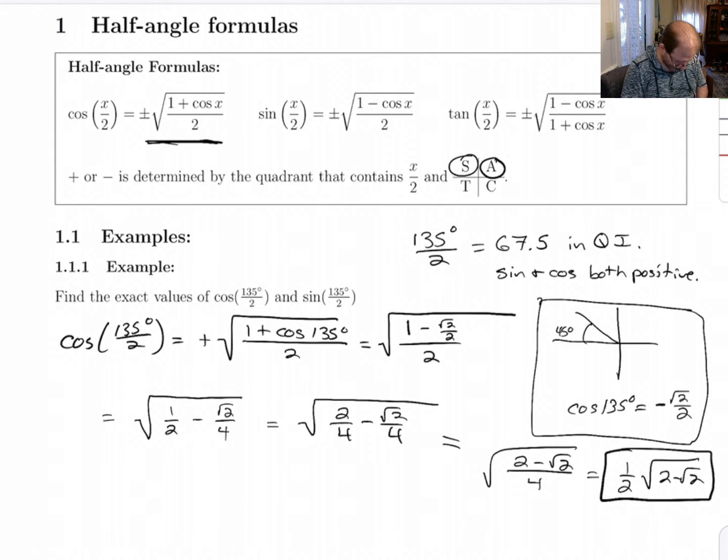Now let's check that. Actually, I do have my TI calculator handy. Make sure I'm in degree mode. All right, degree mode. I want to do two things here. I want to do cosine of 67.5, and that gives me this number, 0.38 blah blah blah.